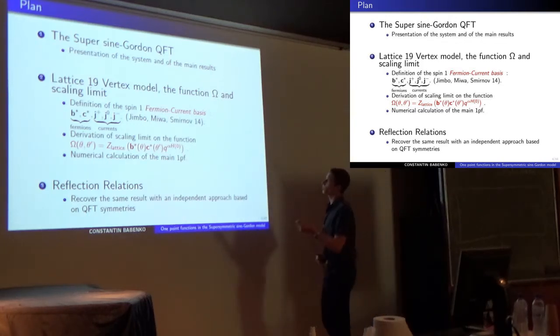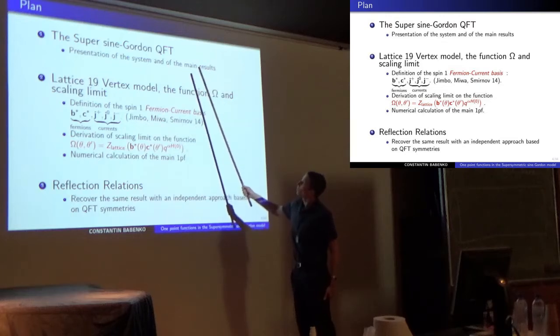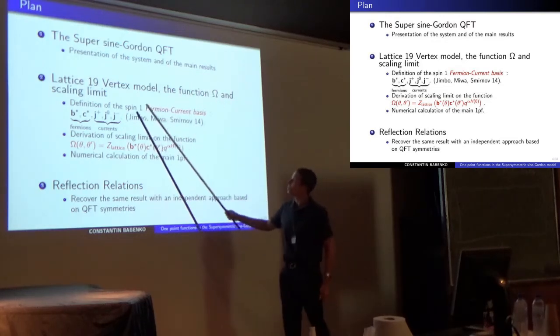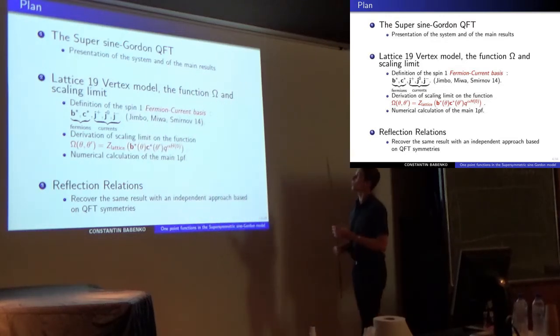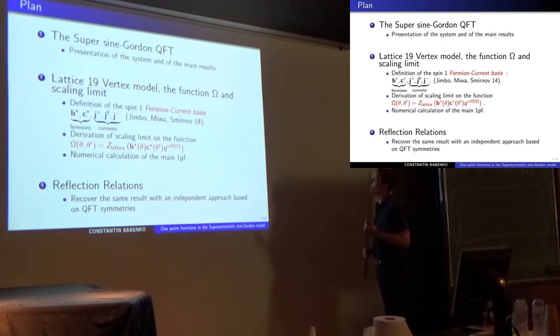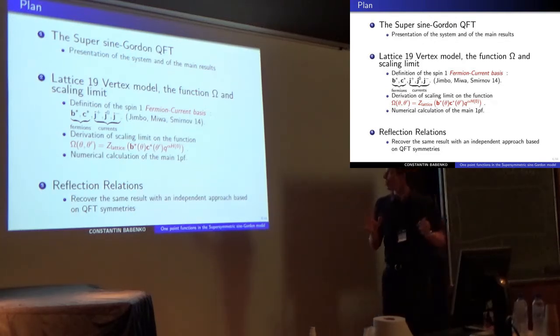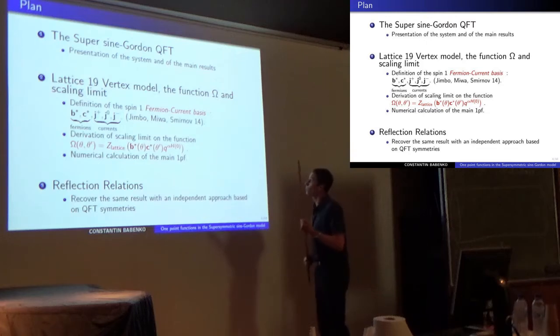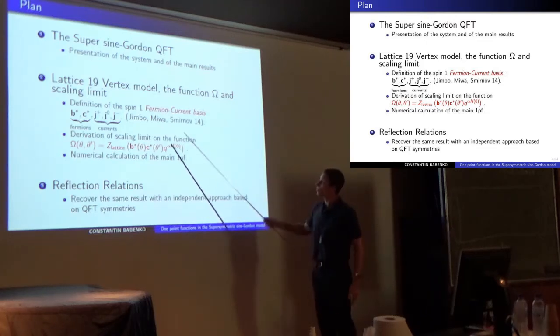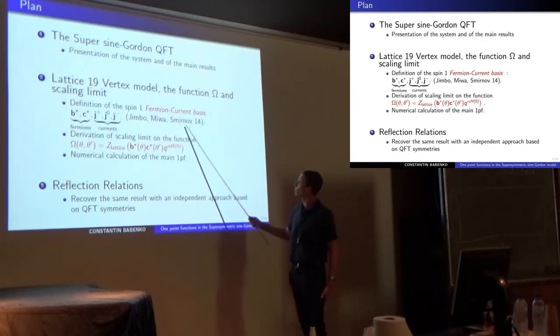So first, I will show you the results, and we'll speak about the 19-vertex model. As I said, we want to generalize this fermionic basis approach, and this has already been done at the level of the basis itself by Jimbo, Miwa, and Smirnov in 14.